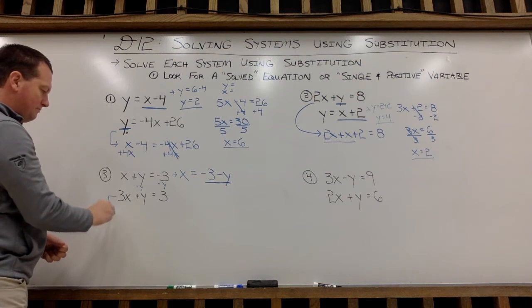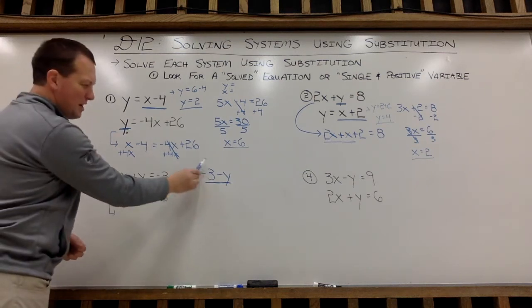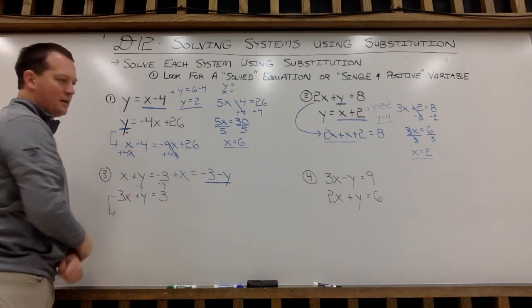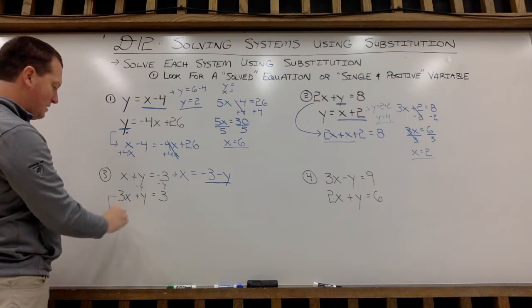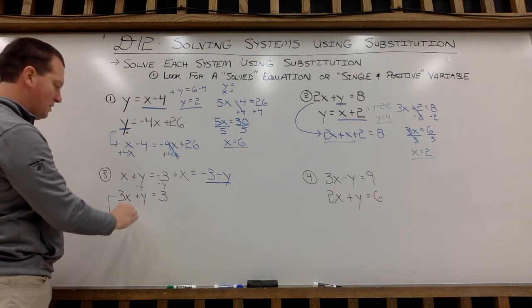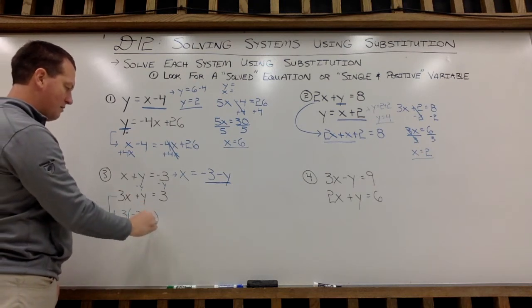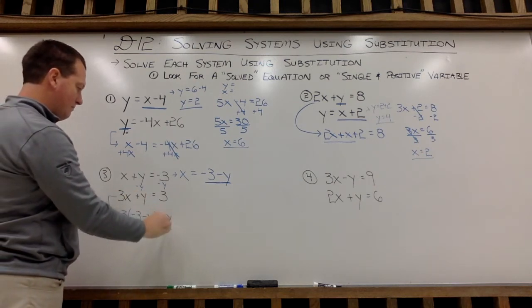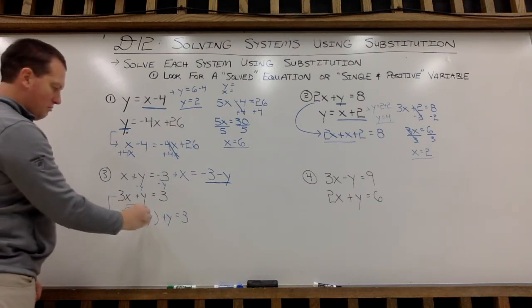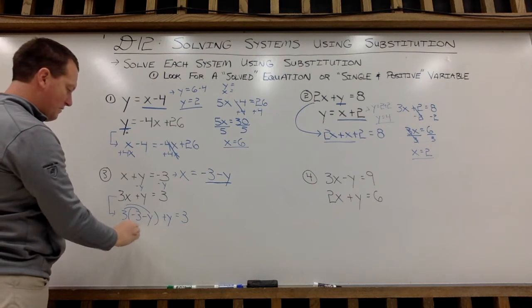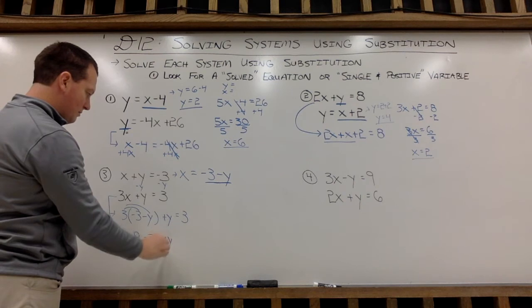So look out. This x is being multiplied by 3. So I need to multiply this whole shebang here, negative 3 minus y, by 3. So that's going to look like 3 times, I need parentheses, and I'll use the distributive property, negative 3 minus y, plus y equals 3. So I'll distribute 3 times negative 3, negative 9, minus 3y plus y will equal 3.